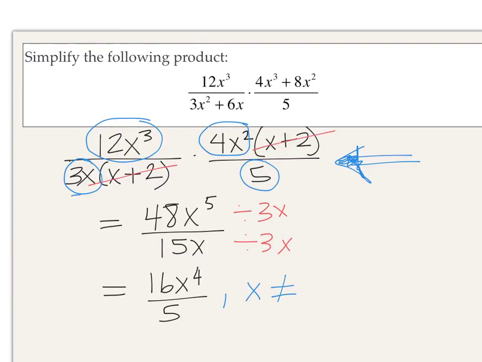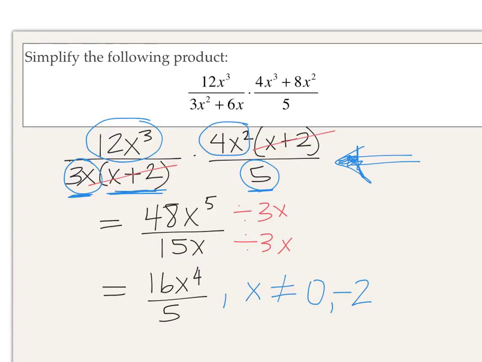So I had 3x, I had x plus 2, and I had 5. Those are all the factors that were down in the bottom. So 3x, what will be the non-permissible value? 0. Now x plus 2, the non-permissible would be negative 2. And what about for 5? Nothing. 5 doesn't have an x, so it also doesn't have a non-permissible value.